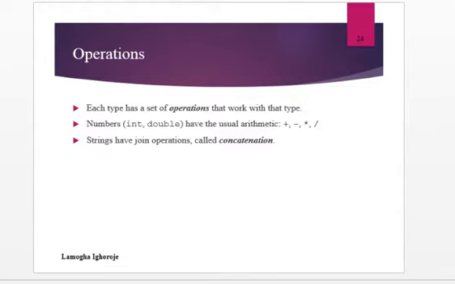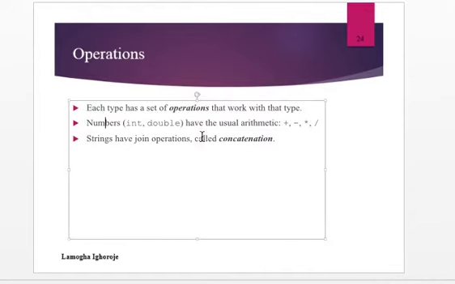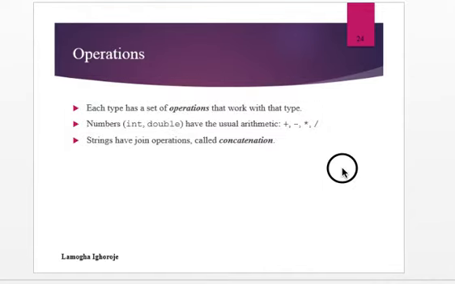Then there are what we call operations in Java. Each type has a set of operations that work with that type. For example, number types can be integers or doubles. Integers are whole numbers, doubles are decimal numbers, and you can use different kinds of operations on them.